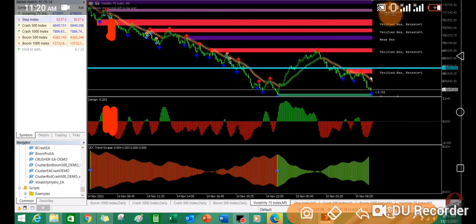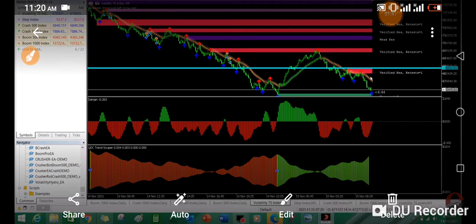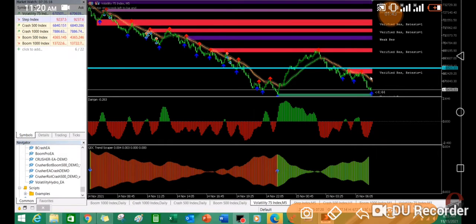Your stop loss is above that arrow. You can see a red arrow on top there. You put your stop loss on top there. And if you have my risk to reward video, you can take 1:3 or 1:4.